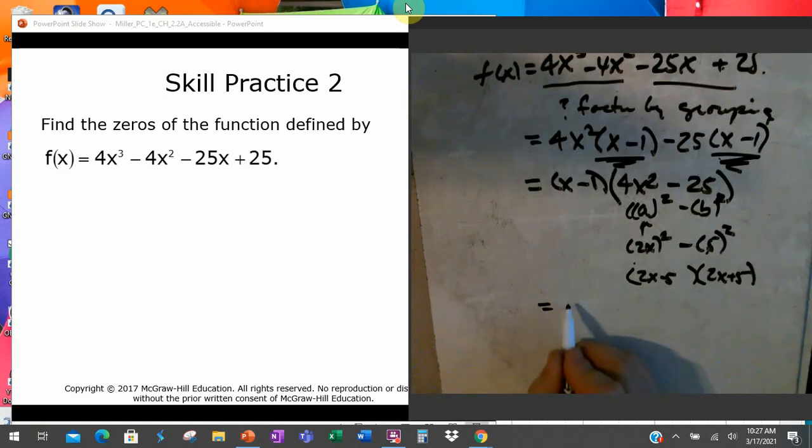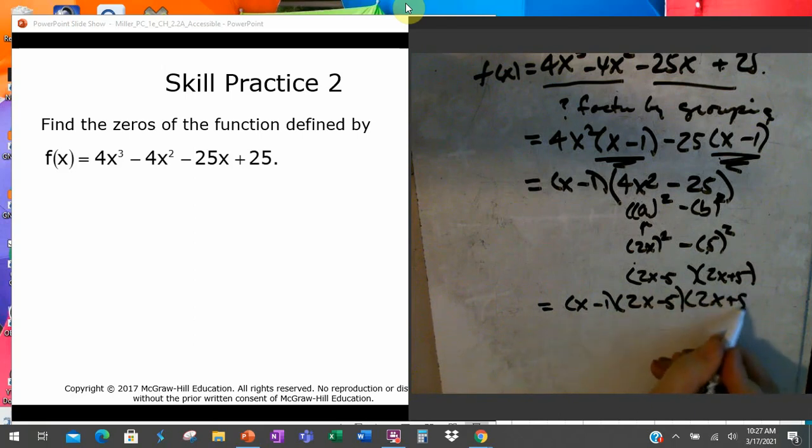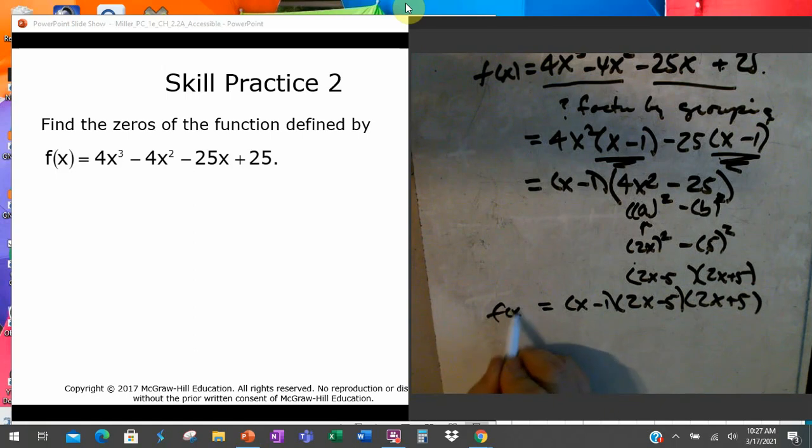So totally factored out, this thing now looks like x minus 1, 2x minus 5, 2x plus 5. And that's our function, factored.